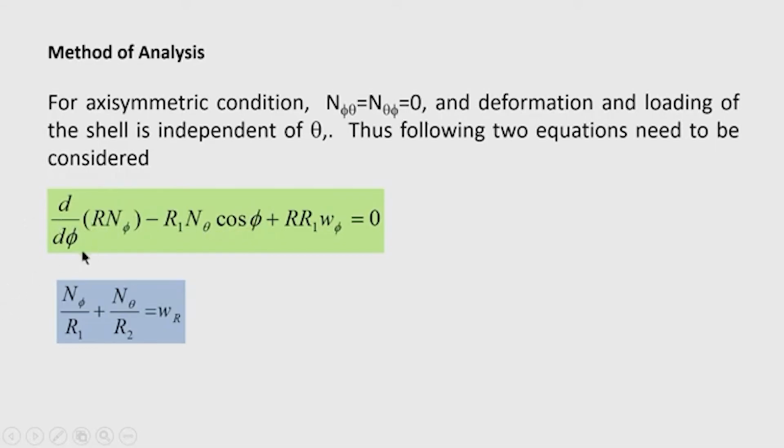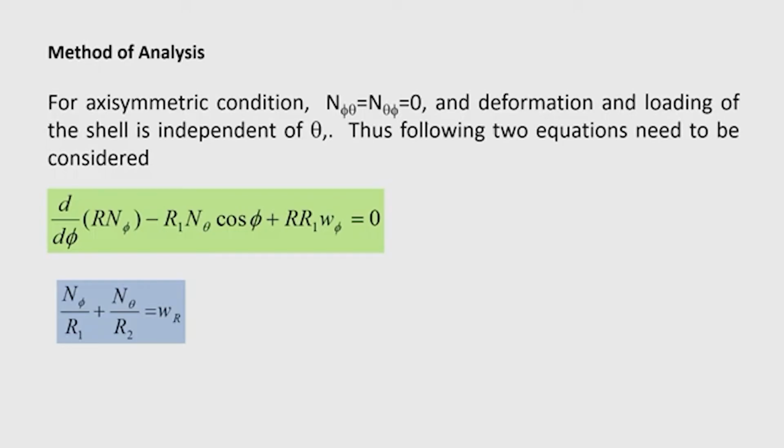It is a differential equation of first order, but you can see in the first equation the unknown variables n phi and n theta are involved. In the second equation, you can note that it is an algebraic equation given by n phi by r 1 plus n theta by r 2 equal to w r, where w phi and w r are the components of the load in the meridional direction and radial direction respectively.